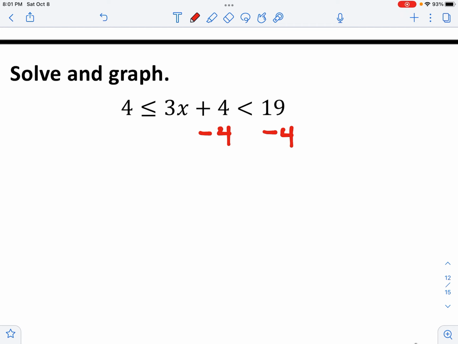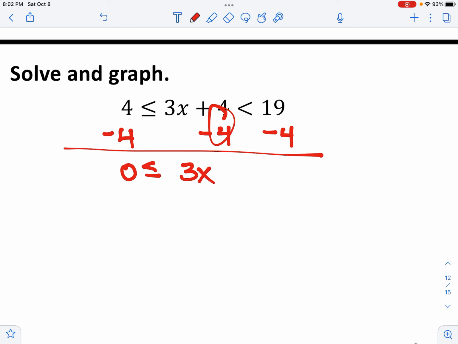But now that's weird, because I actually have another part of this, a second inequality. We're actually going to subtract 4 on this side as well. So we're just going to do it for both right away at the same time. And so this is going to give us 0 is less than or equal to 3x, which is less than 15. Okay, cool.